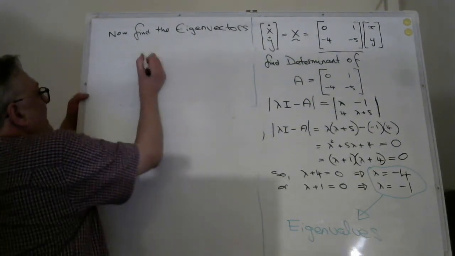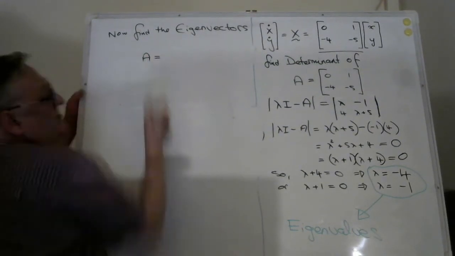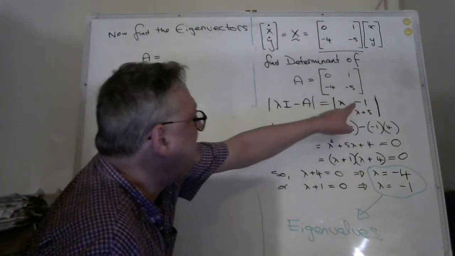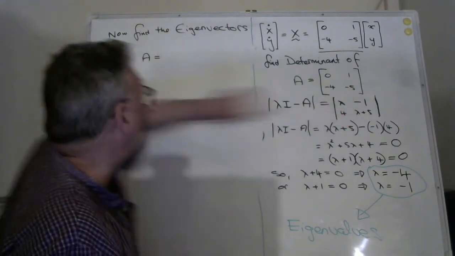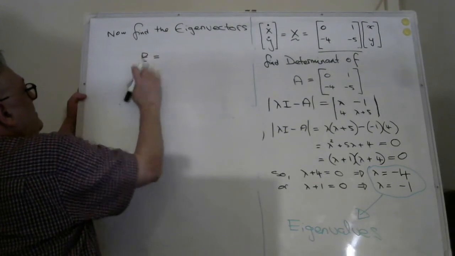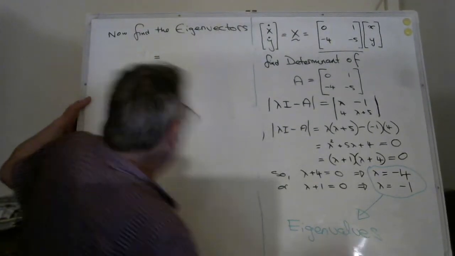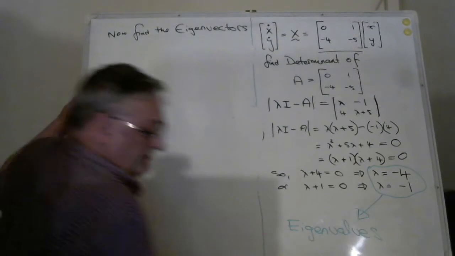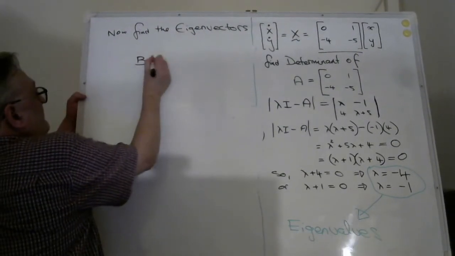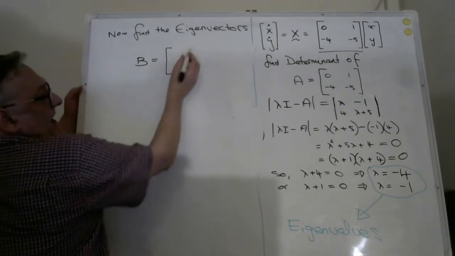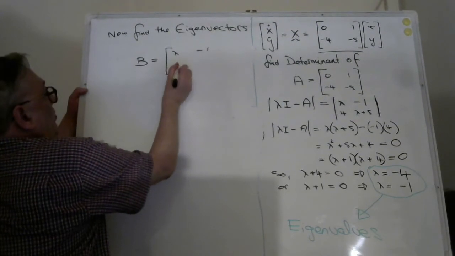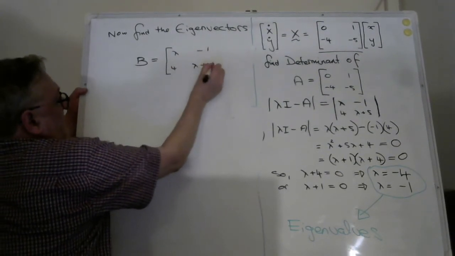Well, we know that A is equal to, in fact, we're using this matrix here. We form this back into a matrix, so we call it matrix B. So we write down matrix B. And so we've got lambda -1 and 4 lambda plus 5.